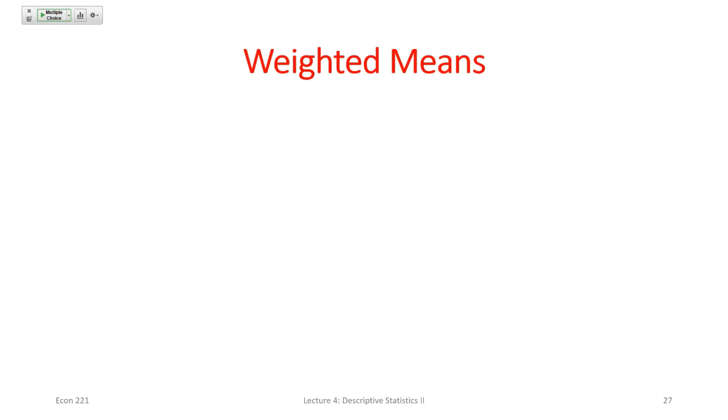And then we have the seniors down here, and let's say they're somewhere in between. Typically, if you want to find the average GPA, you would just add these numbers up and divide by 3.